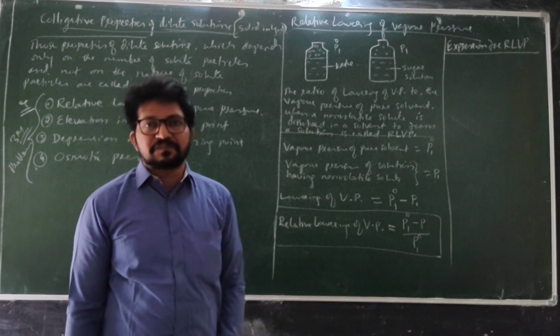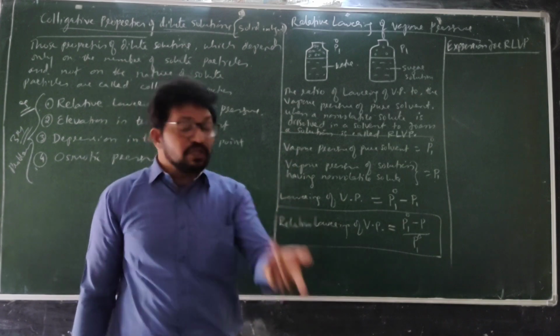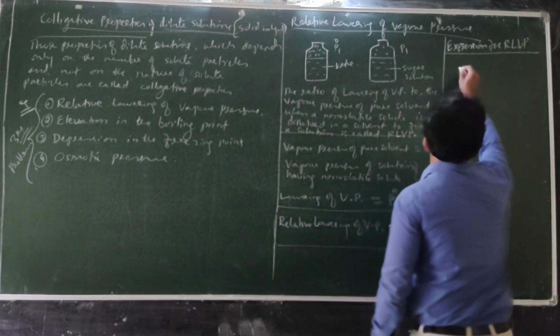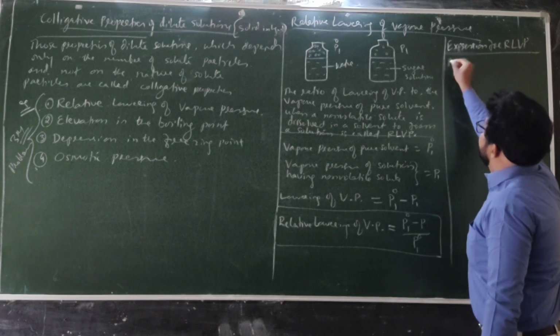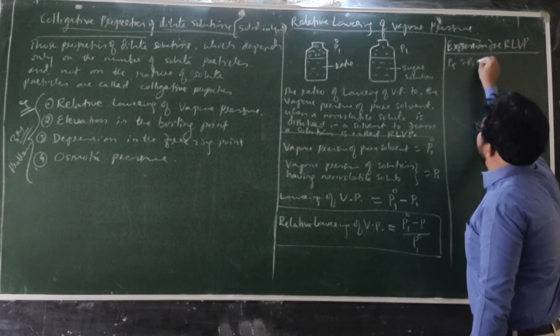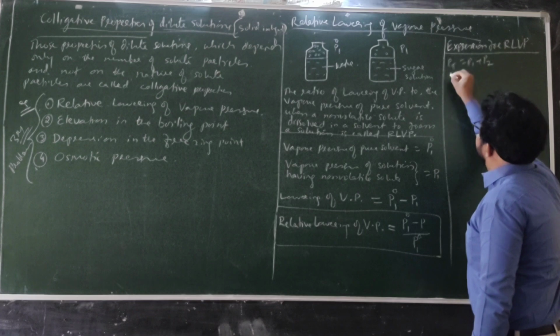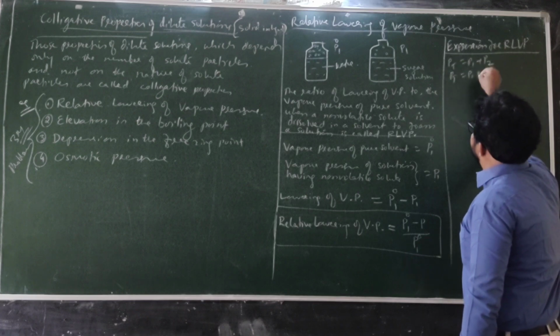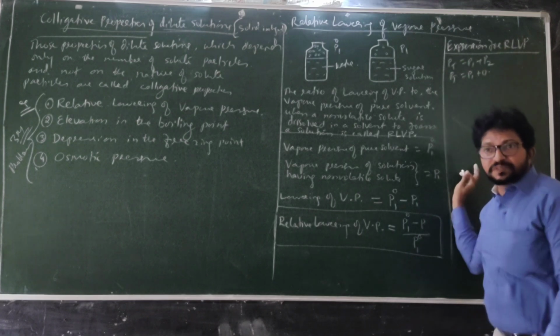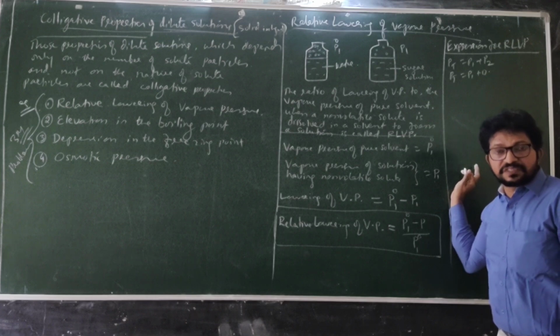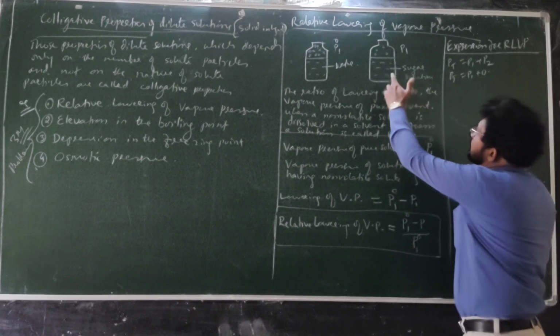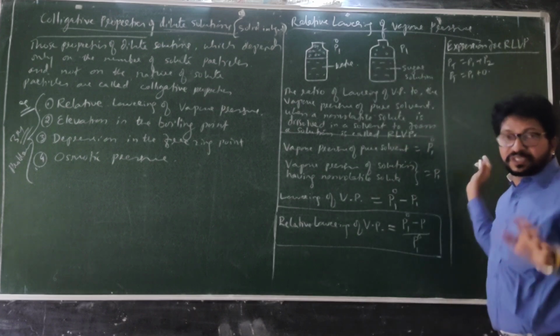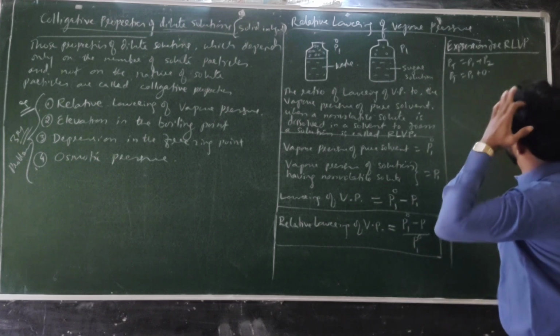Is it correct? Here the solute does not contribute any vapor pressure. P total is P1 plus P2, so P total equals P1 plus 0. Agree? Because the solute is a non-volatile solute like sugar, urea, glucose.